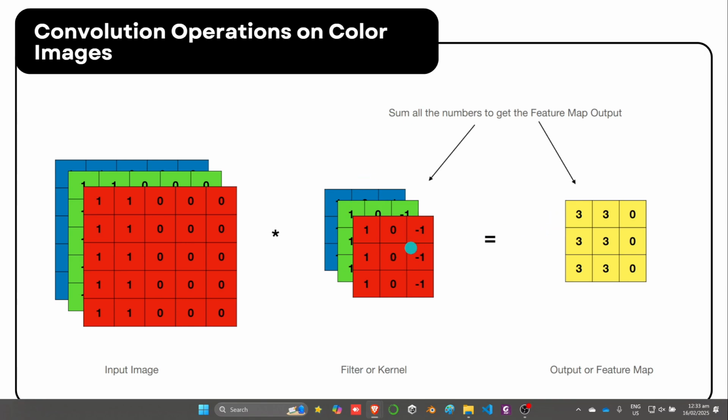It just keeps summing up, and that's how you get the output kernel here. The output is still a 3 by 3 two-dimensional image, not a three-dimensional image. That's the important point here.